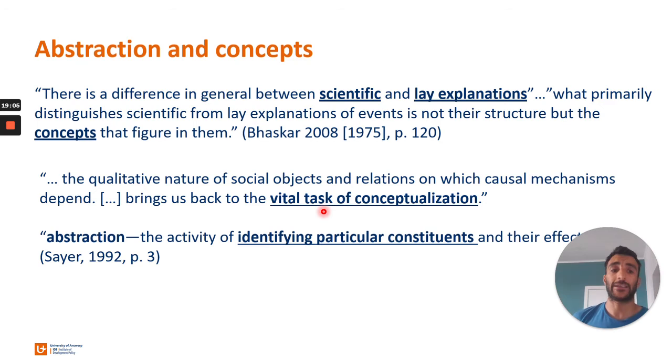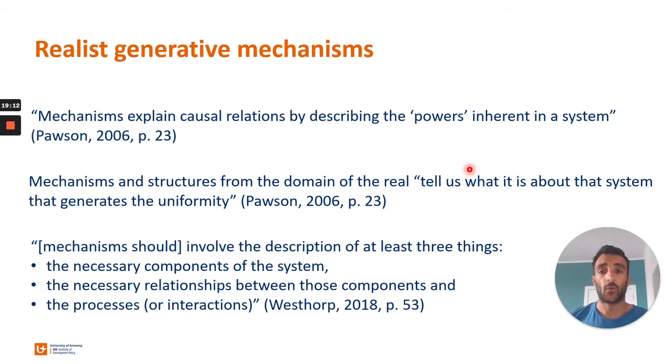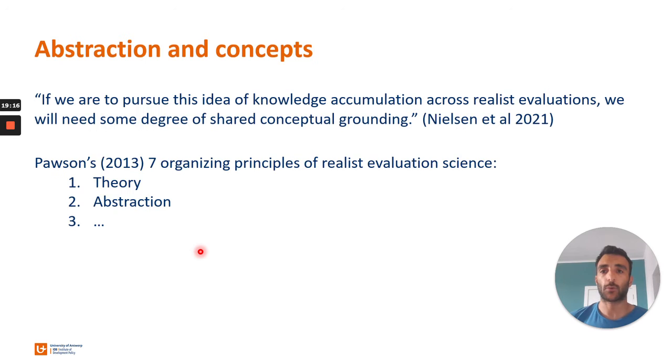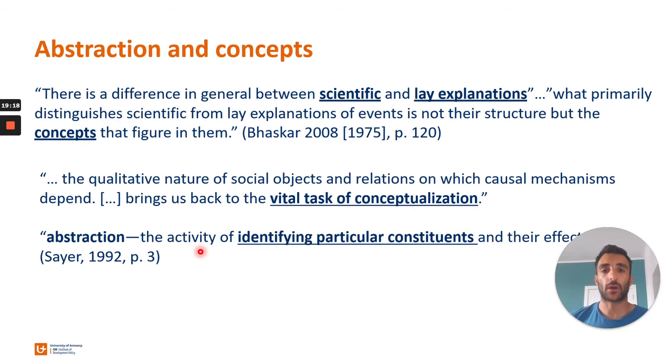So we need conceptualization in order to understand these causal mechanisms, right? And remember the necessary components of the system. Westhorp talked about that. Here again, we talk about identifying the particular constituents and their effects of a mechanism.